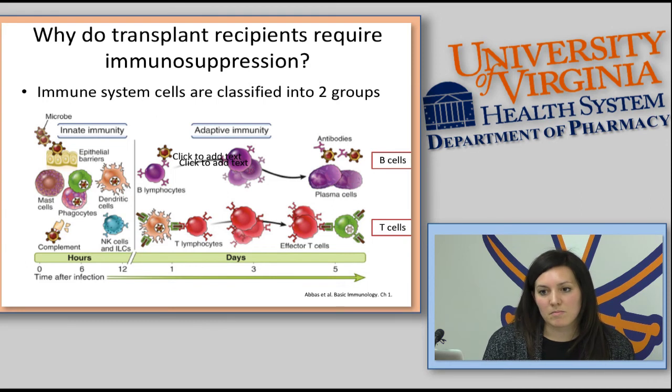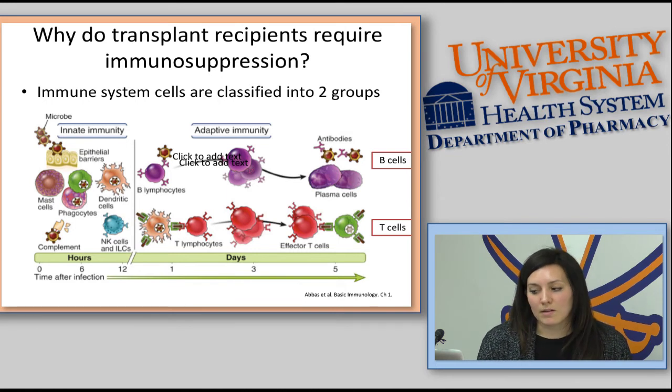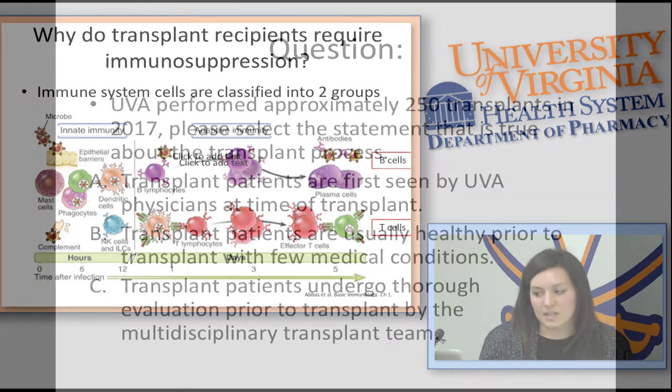The B cells are your main memory function. And if your body is exposed for a second time to the virus, for example the flu, it's able to mount a quick response to the virus when it's seen for a second time.